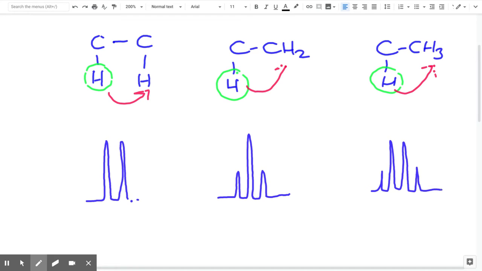And what we've seen on the previous examples as well was that we would see the integration ratios of the individual little peaks within the split peak of that proton, and what we'll see is that the doublet will have an integration ratio of 1 and 1, the triplet will be 1, 2, 1, and the quartet will be 1, 3, 3, 1.